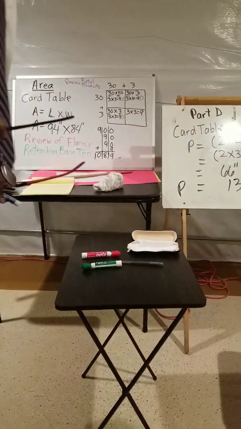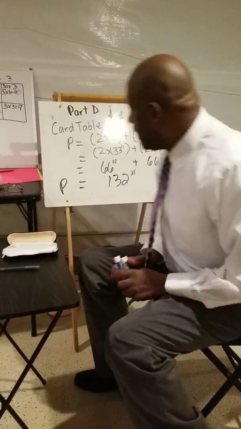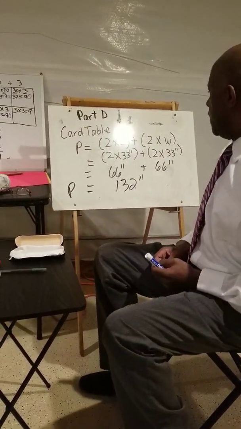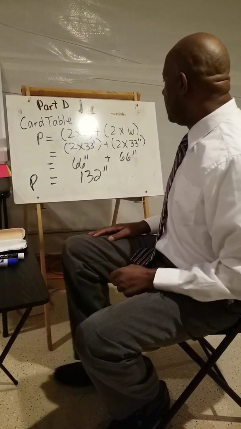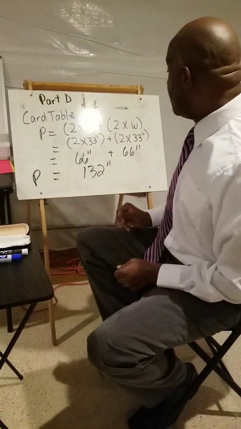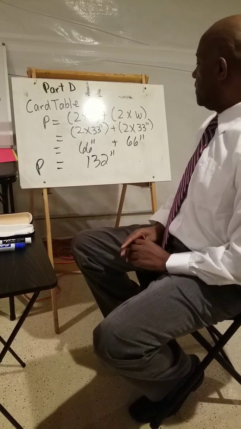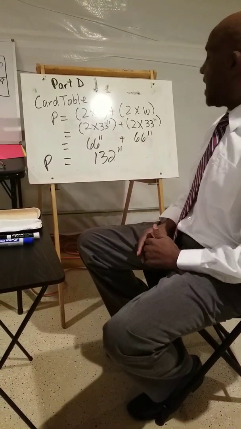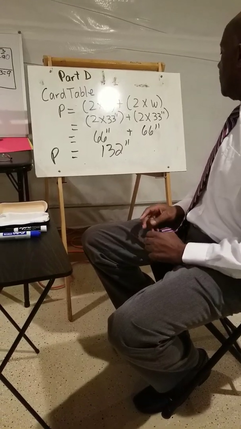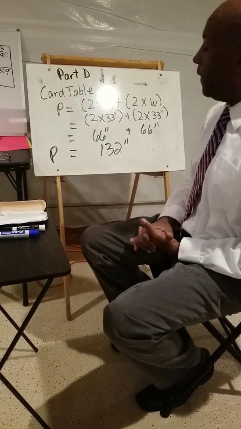So, once again, when we were over on the other side of Mr. Stuckey's basement, we measured the card table to find the perimeter, and we found the length was 33 inches. So 2 times 33 plus the width for the card table was 33 inches, so that was 2 times 33 inches also.